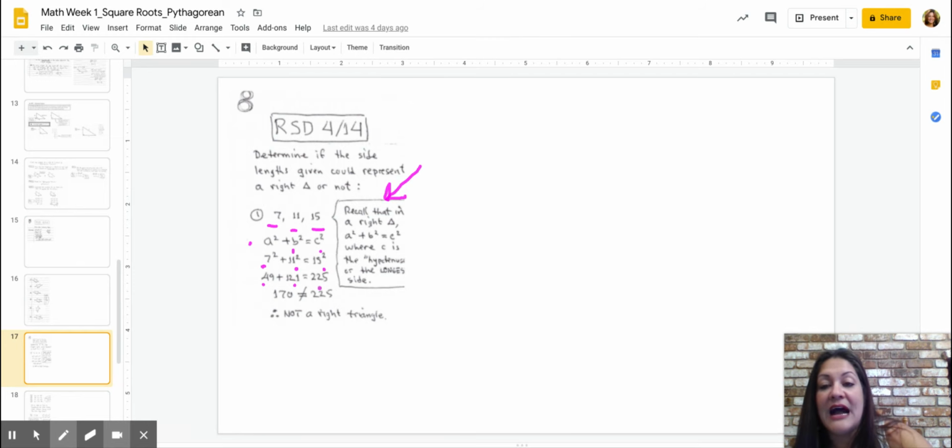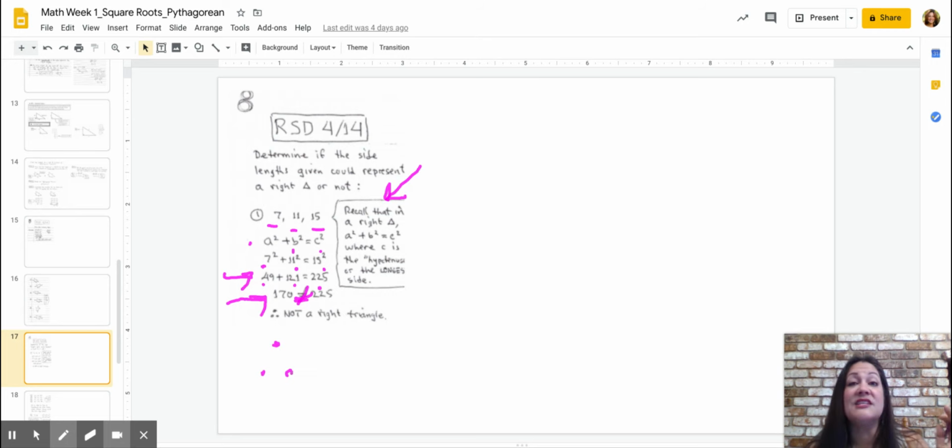If you add 49 and 121, it equals 170, which is not the same as 225. So right here, remember the 3 dots? Therefore, it is not a right triangle.